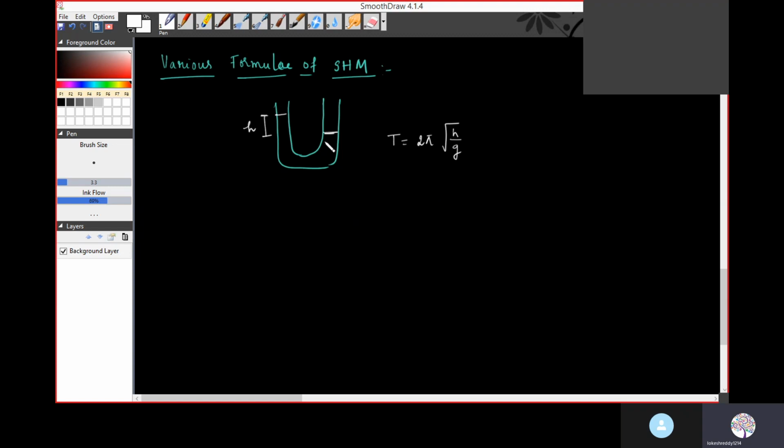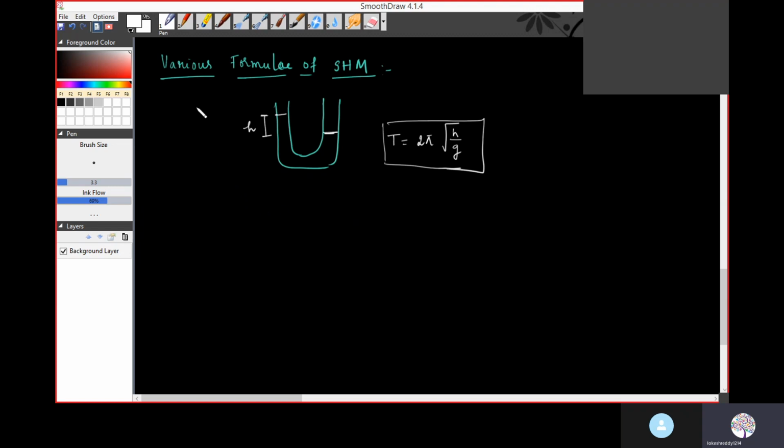Then the time period T is equal to 2 pi root h by g, where g is the acceleration due to gravity.